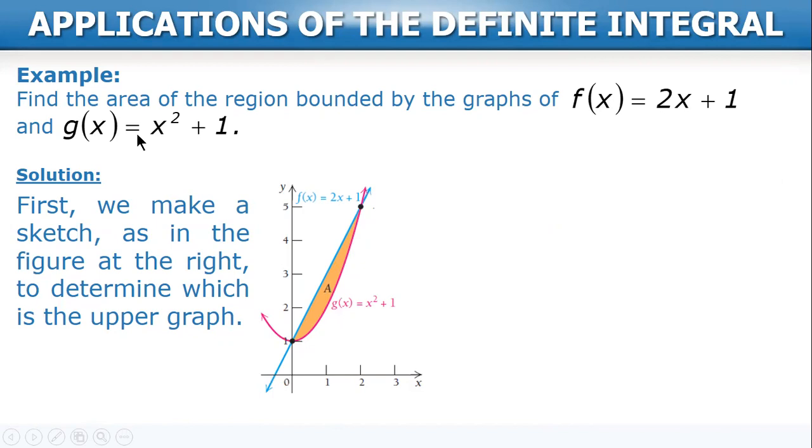G of x is a parabola opening upward. If you substitute values of x, like when x is equal to 0, g of x is equal to 1. And if x is equal to 1, g of x equals this point, and so on. If x equals 2, then g of x equals 5. So by graphing, we are able to determine the points of intersection.